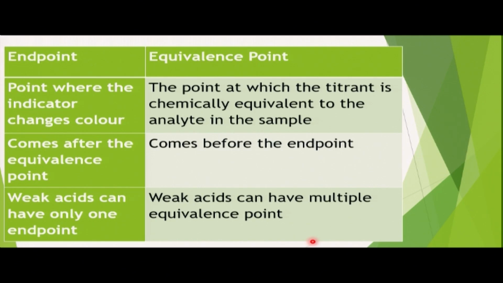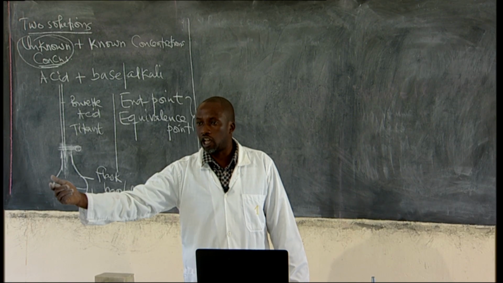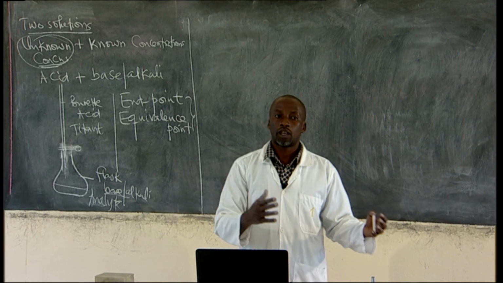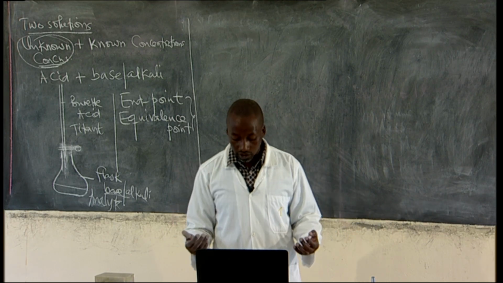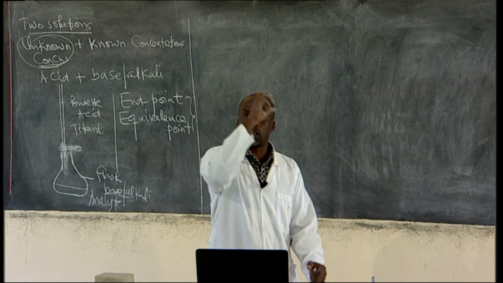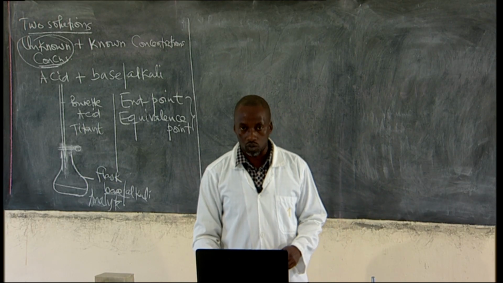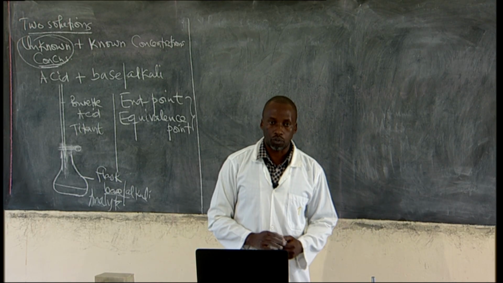The main important thing you need to remember is that the equivalence point takes place before the end point. The end point is when the indicator changes color. And by the time the indicator changes color, the concentrations of the reactants had already taken place and they are all equal. That will be the equivalence point.